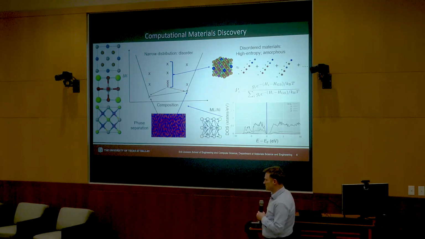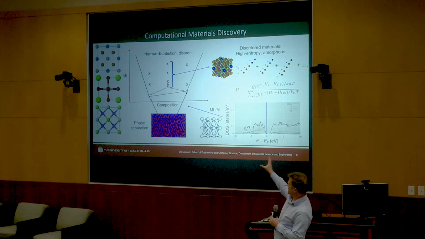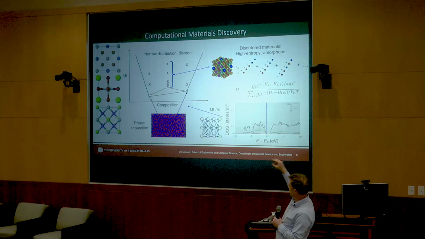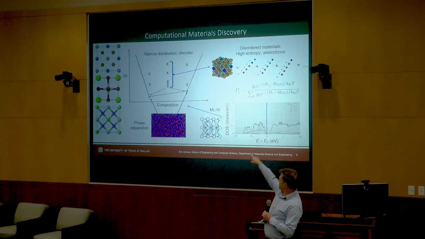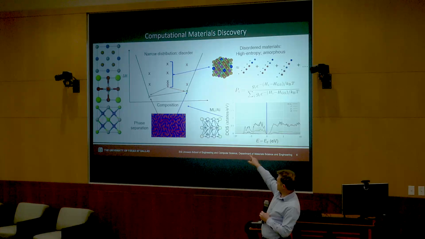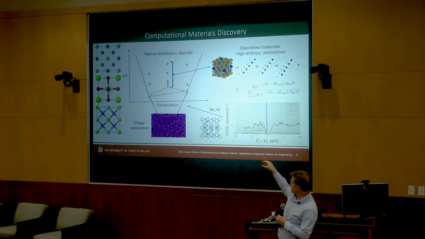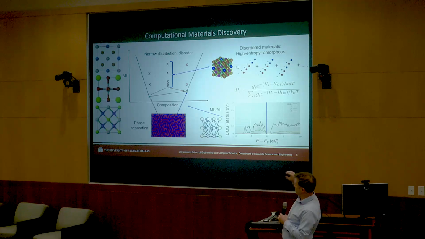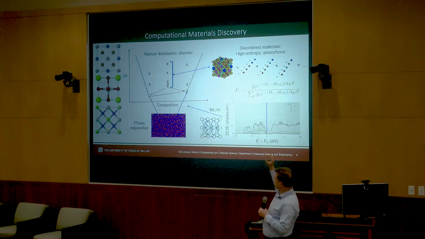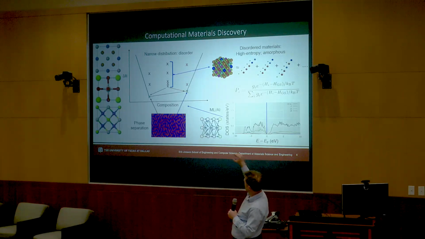If something is on this convex hull, that means it's going to be stable. So the green X's correspond to stable compounds. If we have something that's above, that's not on the convex hull, let's say one of these red points, these are going to decompose because it's going to be energetically favorable to form the two different components, so you get phase separation.